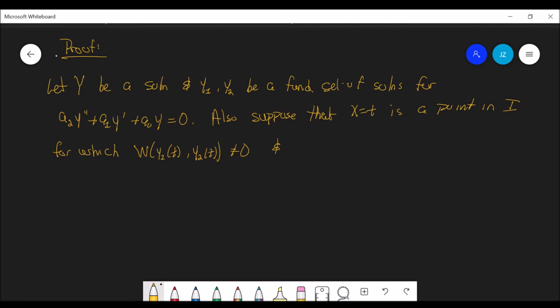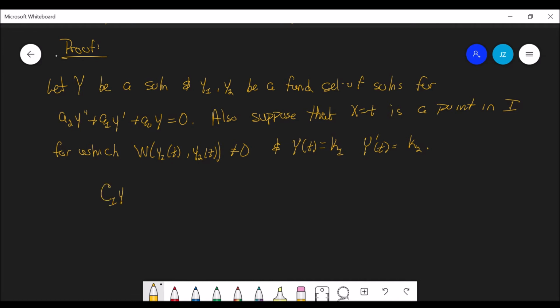And Y of t is equal to k1, and Y prime of t is equal to k2 for constants k1 and k2. We now examine the equations.